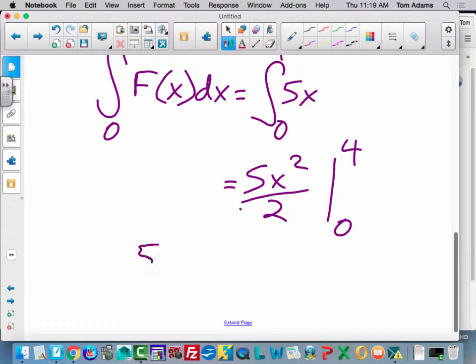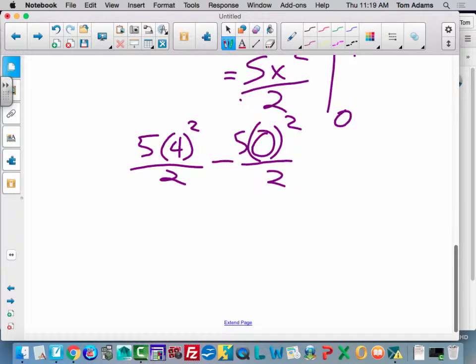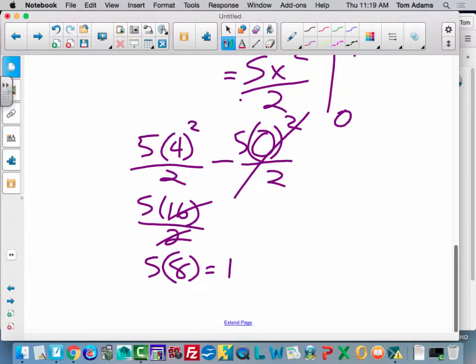So I've got 5 times 4 squared all over 2 minus 0 squared times 5 all over 2. This goes to 0. So I've got 16 times 5 over 2. 16 goes into 2 8 times. 8 times 5 is equal to 40. 40 newton meters. That's how much work was done.